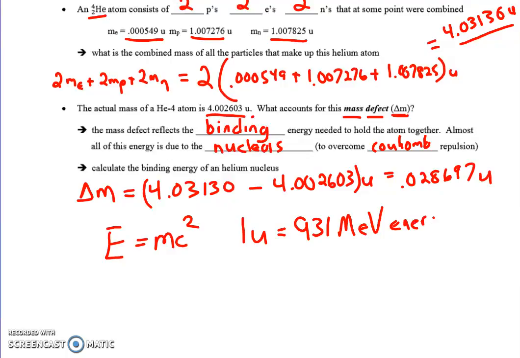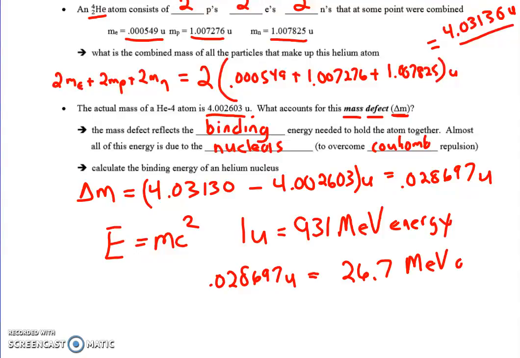That was the whole point of that conversion we did earlier. So in this case, 0.028697 U's were lost, and that's equivalent to 931 times that. If we do the math, that's 26.7, and I'll round it off there, MeV of energy.